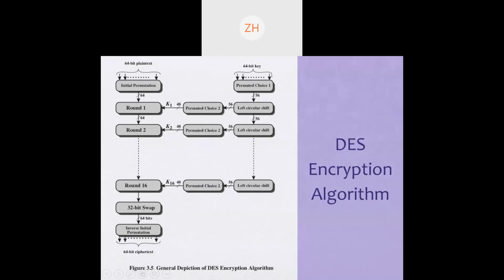That's why I said DES follows exactly the Feistel block cipher, but with a bit of modification by having the initial permutation before round 1, and we have the inverse permutation after the last swapping. Then after that we will get the 64-bit ciphertext. This is the only difference. The rest follows exactly.